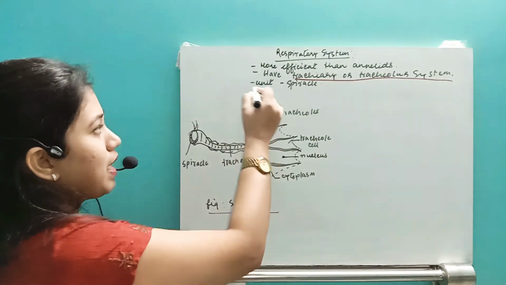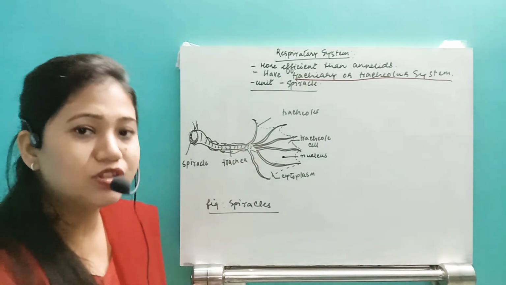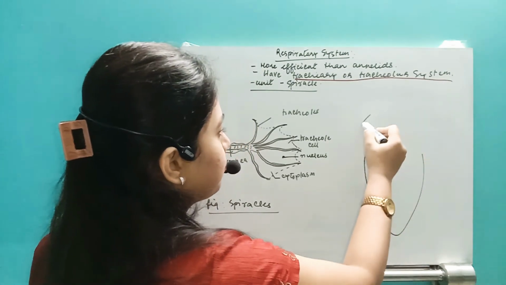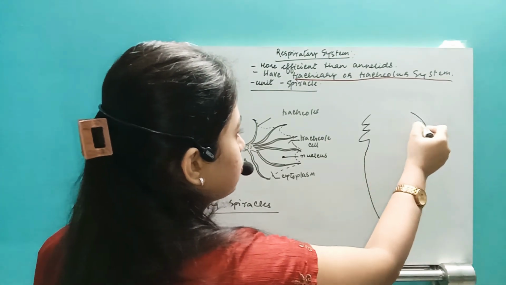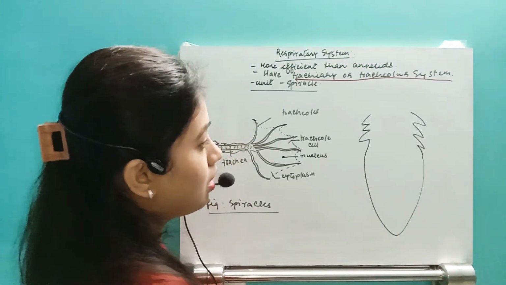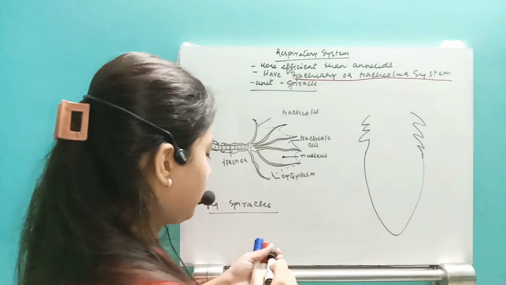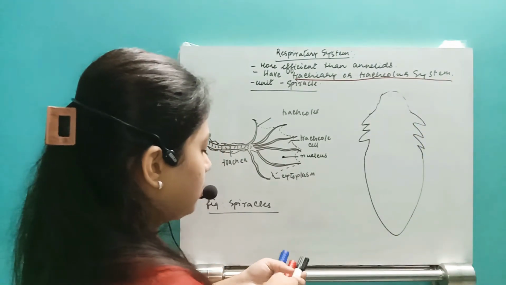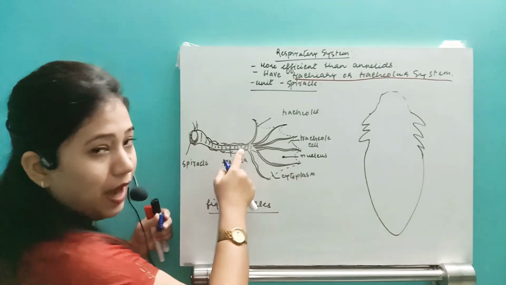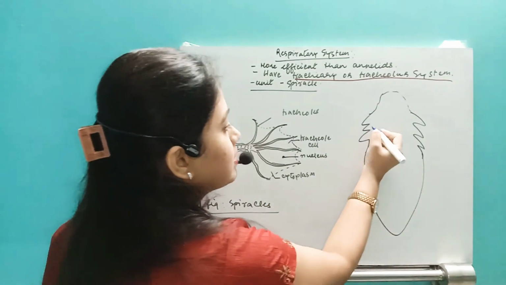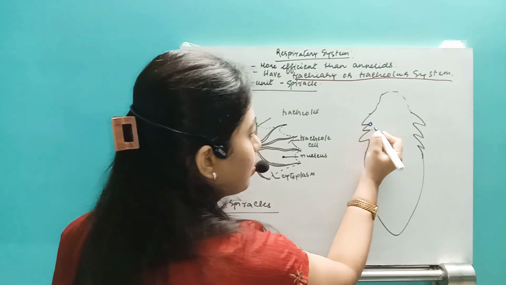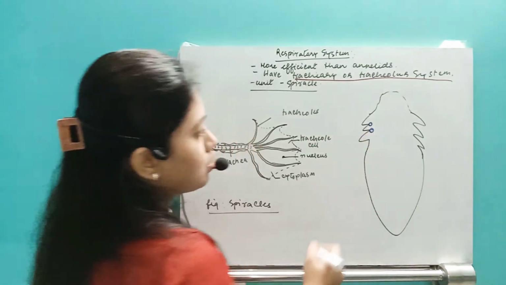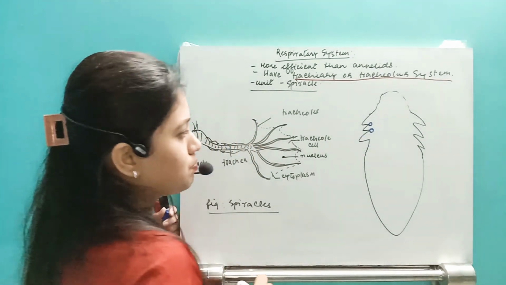Now let us see how many spiracles are present and how they are arranged in the body. This is the abdomen part. This is the three thoracic regions: prothorax, mesothorax and metathorax. Then after that they have the head portion. Now, how are we going to see the spiracles? In between the prothorax and mesothorax, the first spiracle is present, and in between the mesothorax and metathorax, the second spiracle is present.